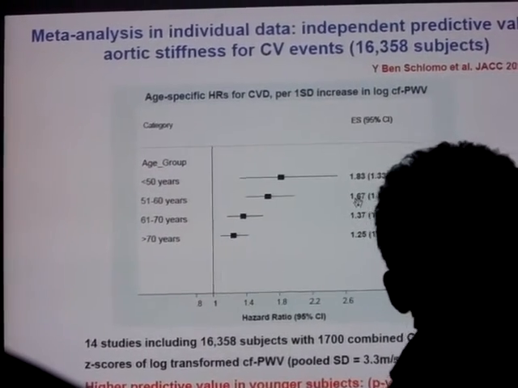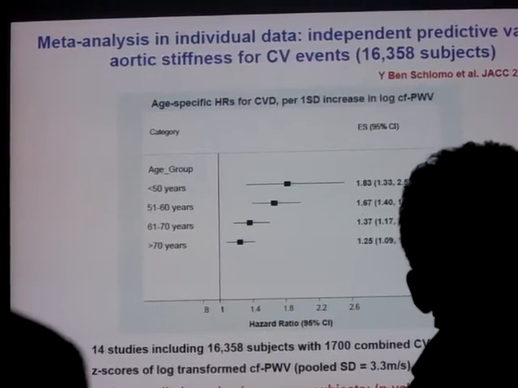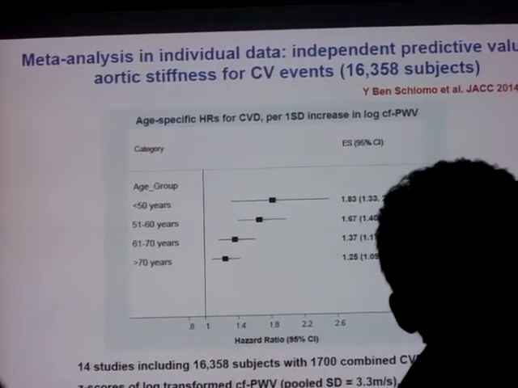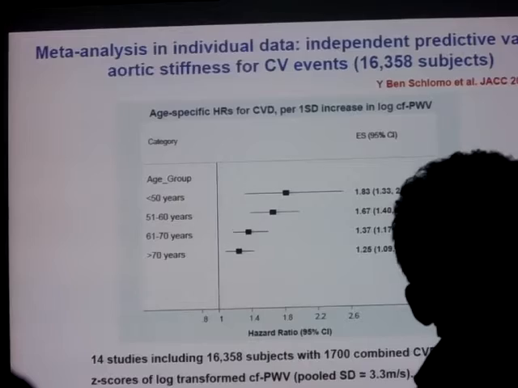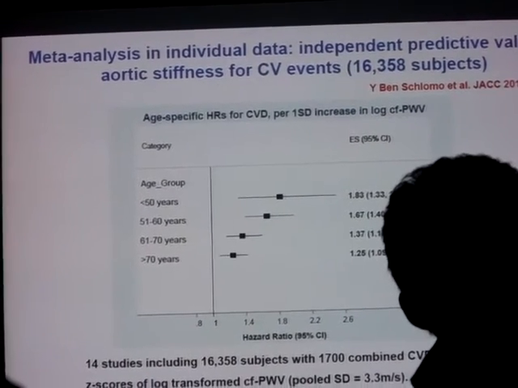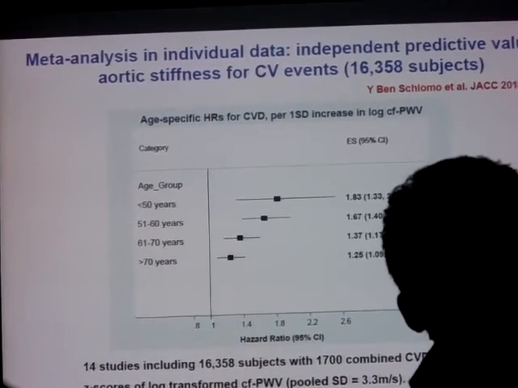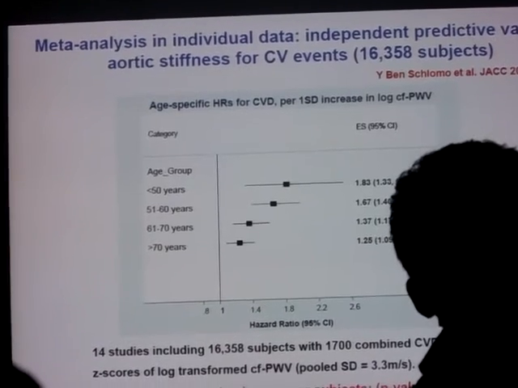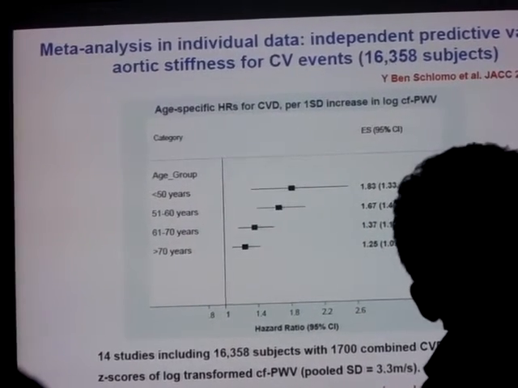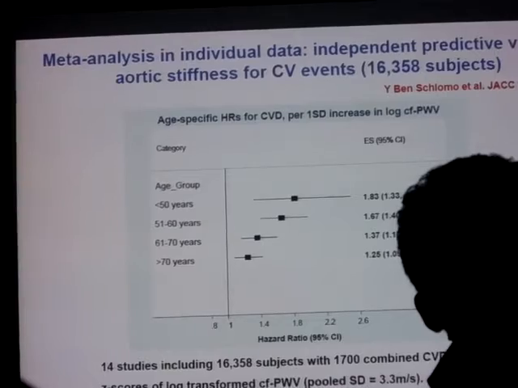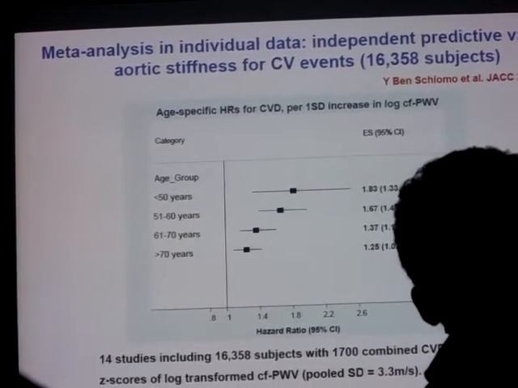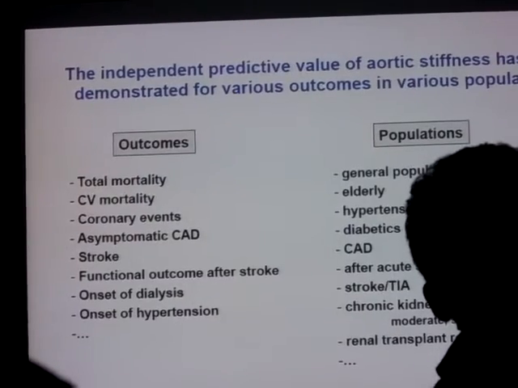This is important because if you want to do preventive cardiovascular medicine, you have rather to target younger patients in whom you can organize cardiovascular prevention algorithm rather than in elderly patients where it may be too late.